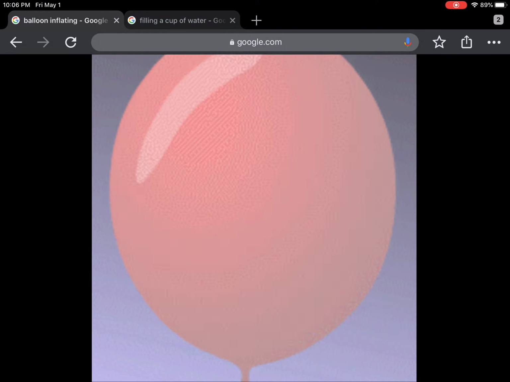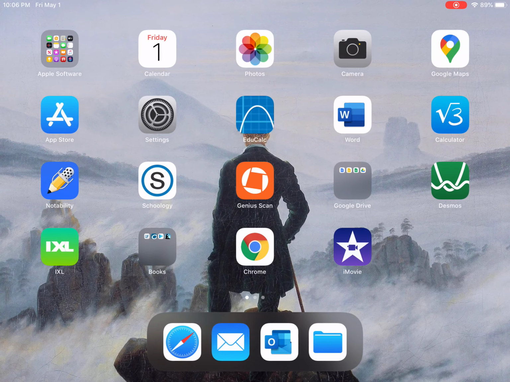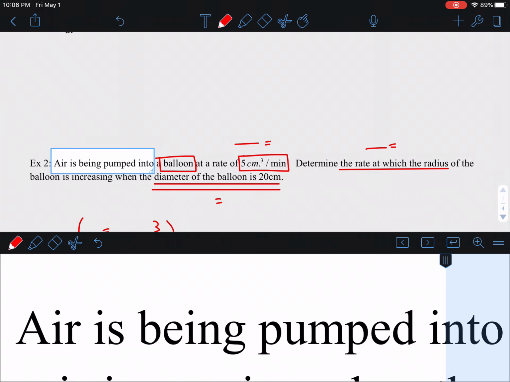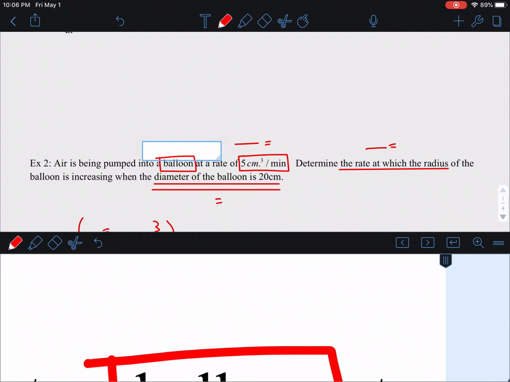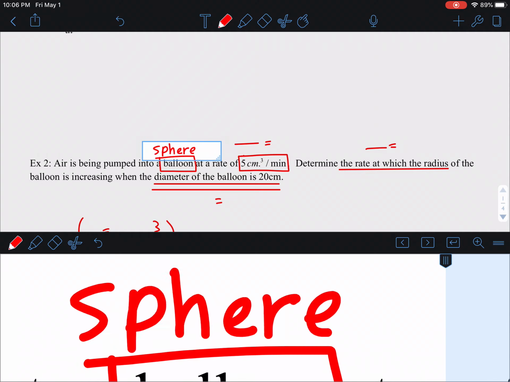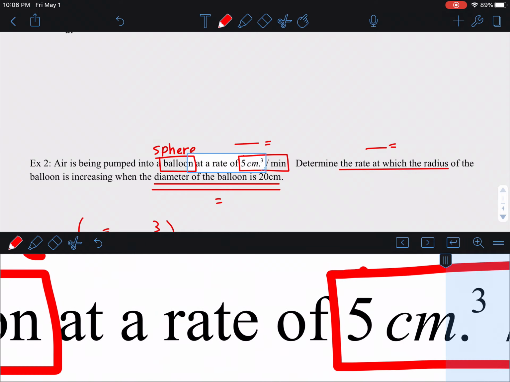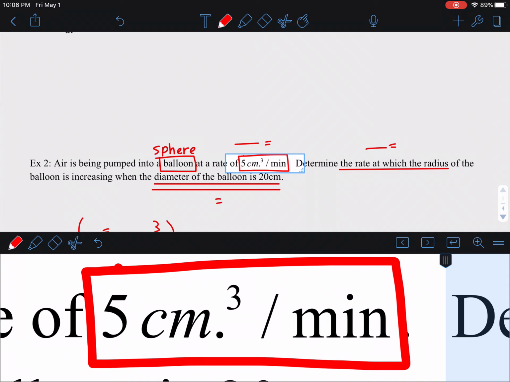So let's go back and take a look at our example. Air is being pumped into a balloon. Again, just to make our lives easier, we're going to say our balloon is a perfect sphere. Air is being pumped into it at a rate of 5 centimeters cubed per minute.